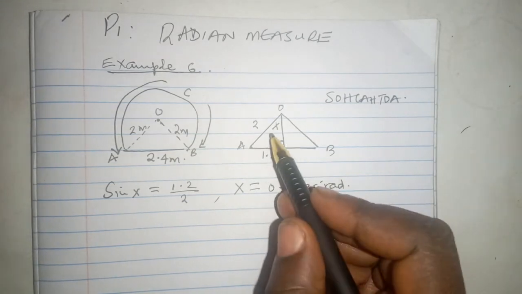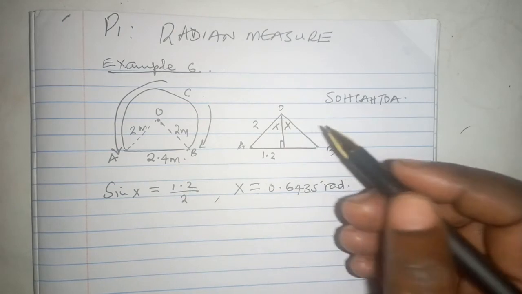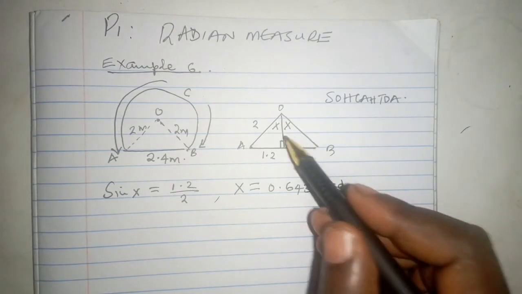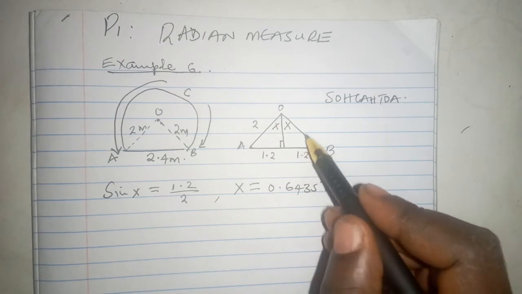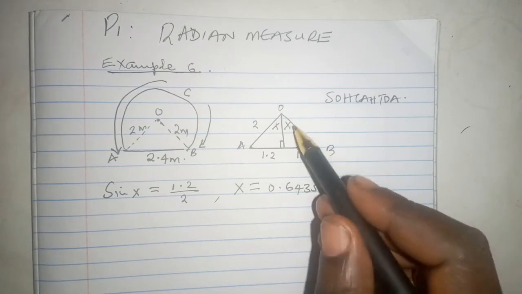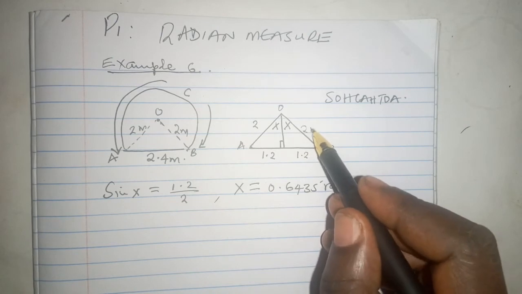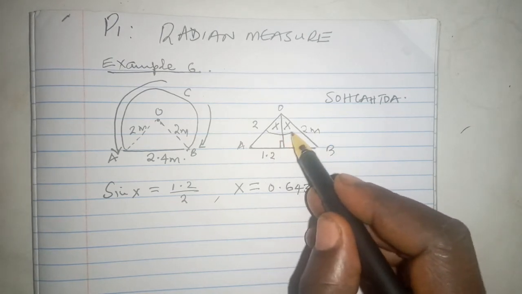In this particular triangle, there's another x there, because the opposite of this x is also 1.2, and the hypotenuse is again 2 meters. So it's one and the same x.